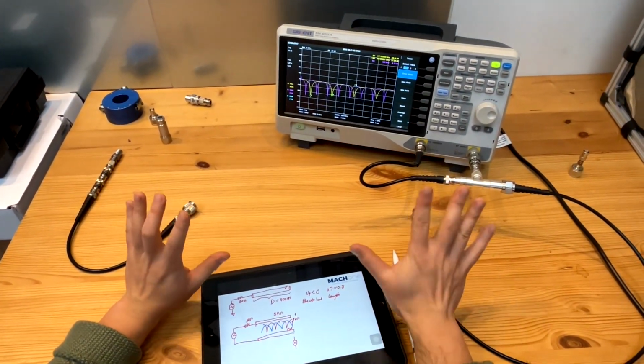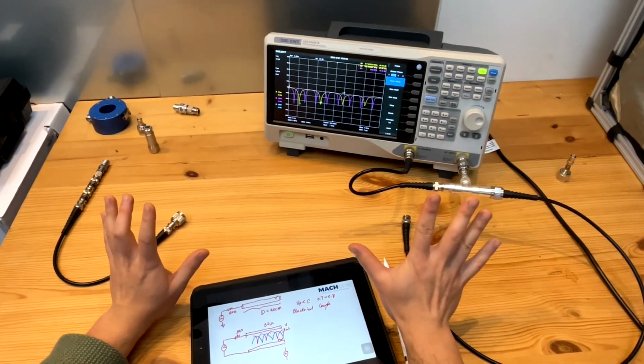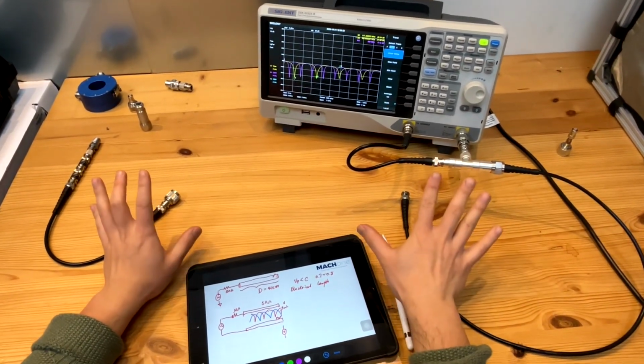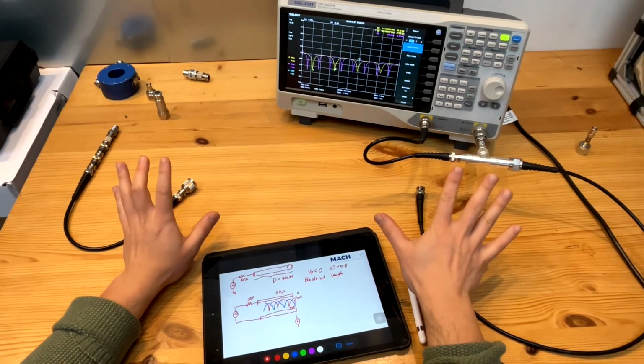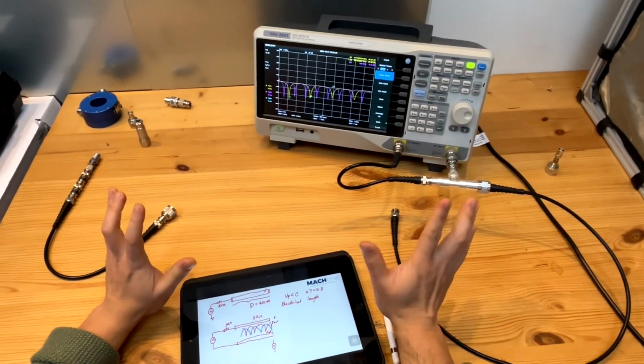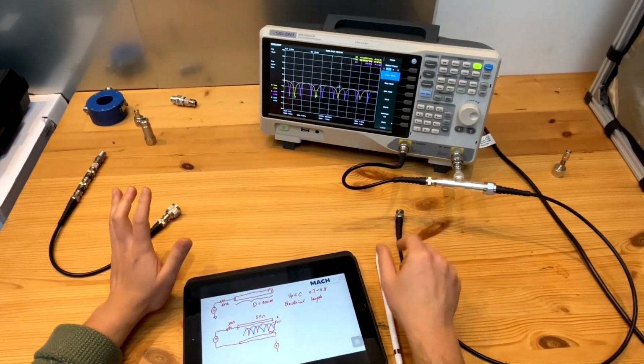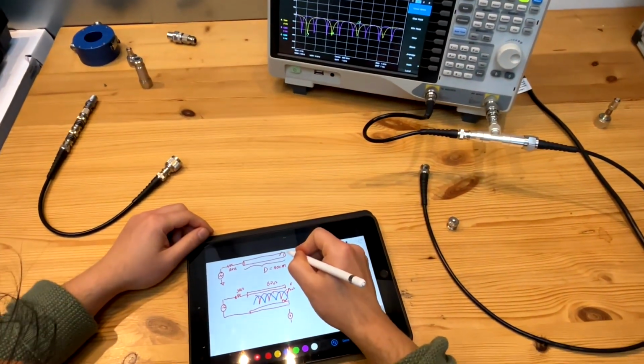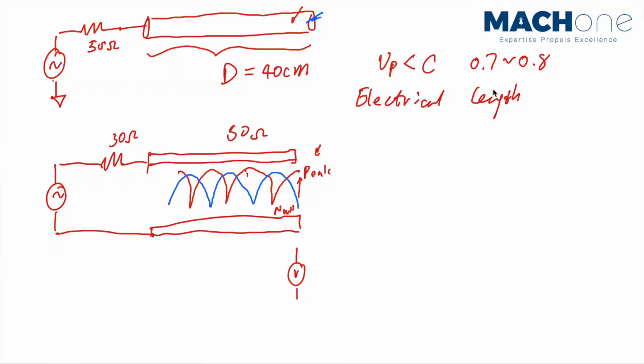Everything we demonstrate here is very basic transmission line theory. If you went to university and studied transmission line theory, you will find this is the easy bit. Now, as I said, all these discussions so far are within the transmission line, what happens inside this coaxial cable.